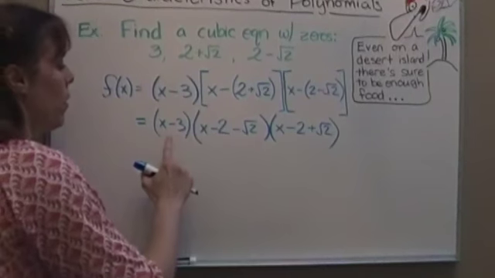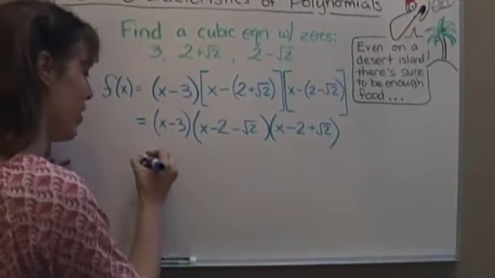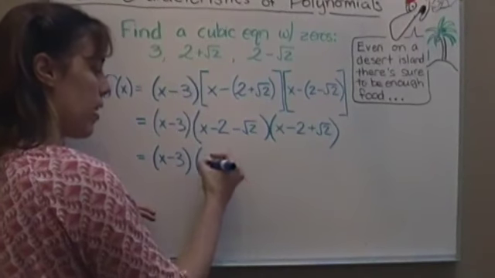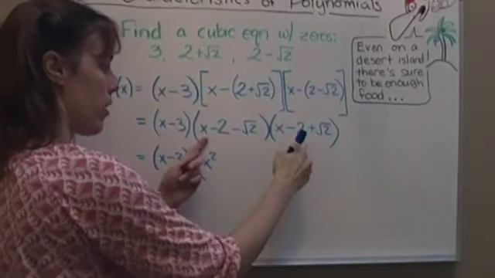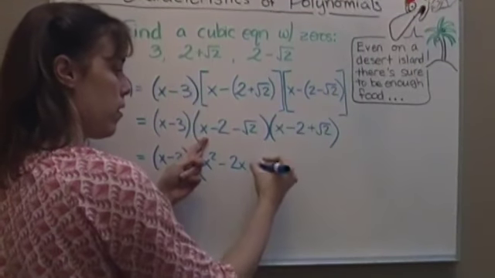Now, this is the simplest, leave that for the last. Let's do this first. X times x, x squared. x times negative 2 minus 2x times this.